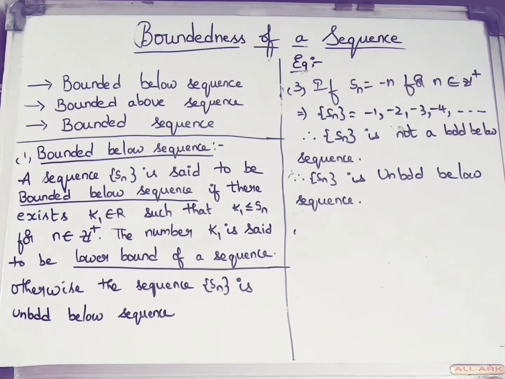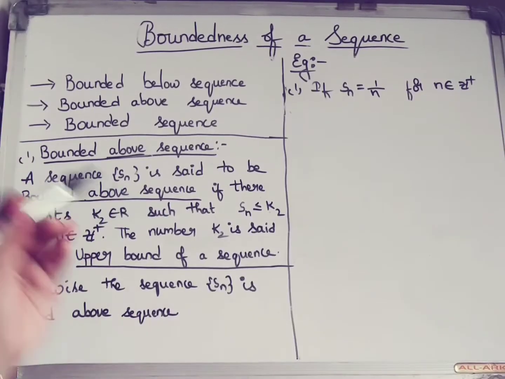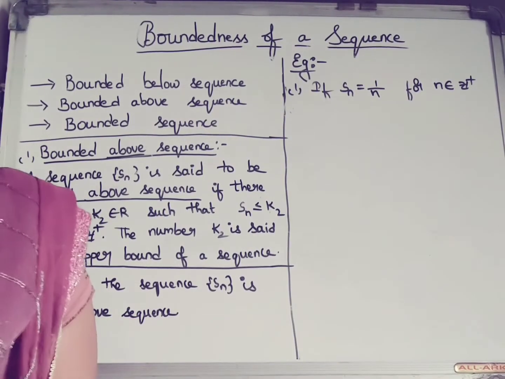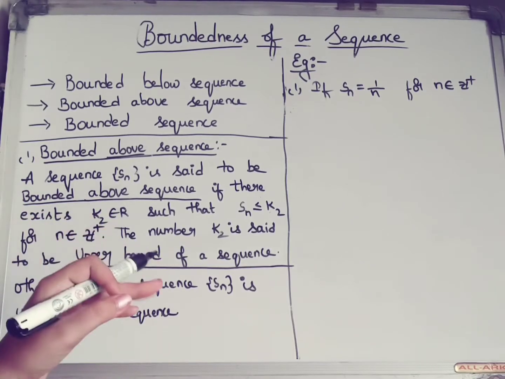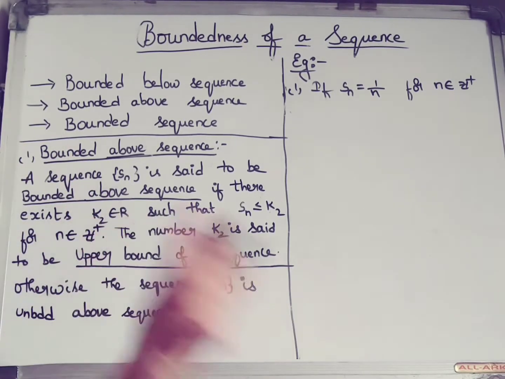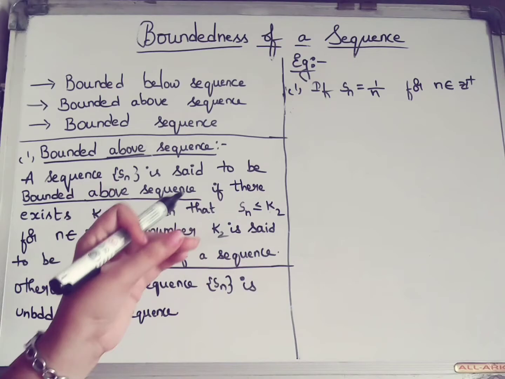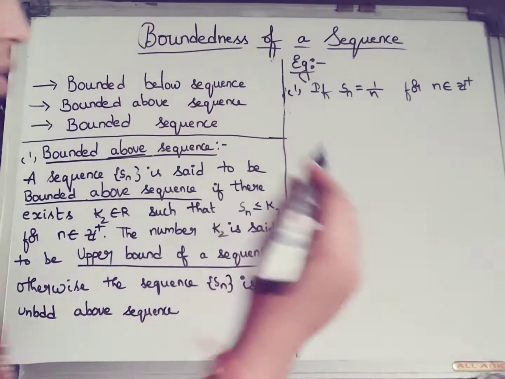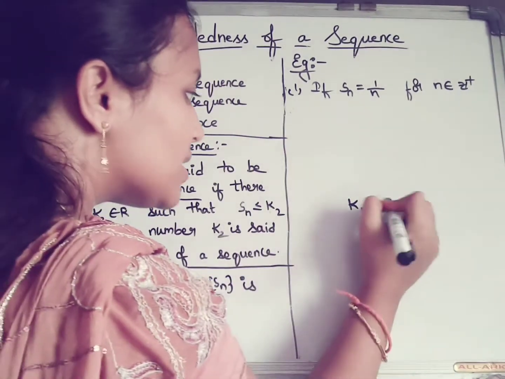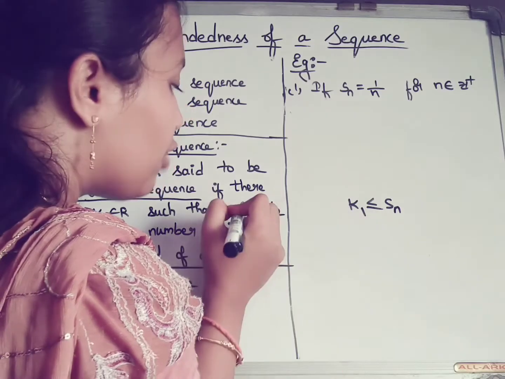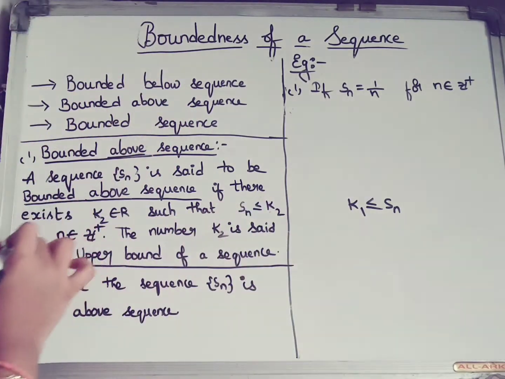Next topic is bounded above sequence. Okay, next definition, bounded above sequence. See here, on comparing, this definition is the same as the previous definition, but the only change is there we had K1 less than or equal to Sn. What we have here is Sn less than or equal to K2.